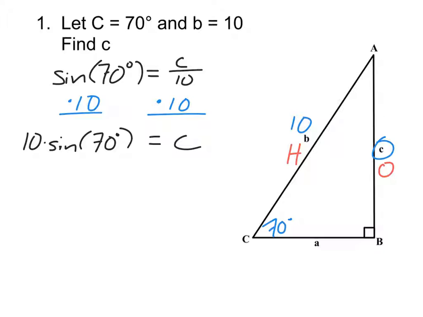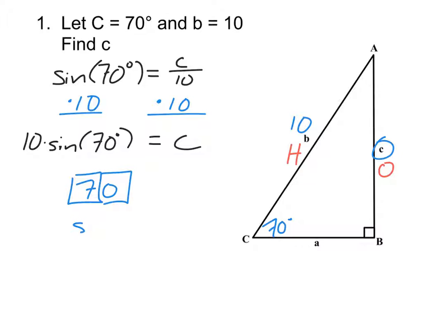All right, now that we know our calculator is in degree mode, we can go ahead and calculate this value. And again, depending on your calculator, will change how you type it in. If you are on a graphing calculator, yep, you just have to type it in just as you see it. 10 times sine 70 equals. If you're on a scientific calculator, typically you'll do it in the opposite order. You'd press 7 then 0.